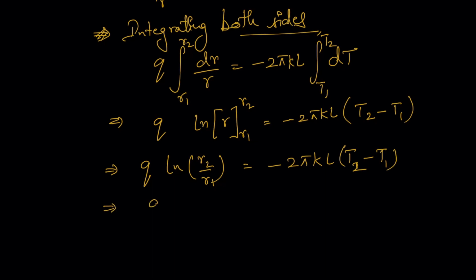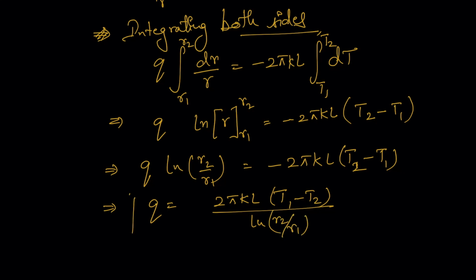Now q equals minus 2 pi k l T2 minus T1 divided by ln r2 by r1. So you can write q is equal to 2 pi k l T1 minus T2 divided by ln r2 by r1. So this is the heat conduction equation for cylindrical tubes.